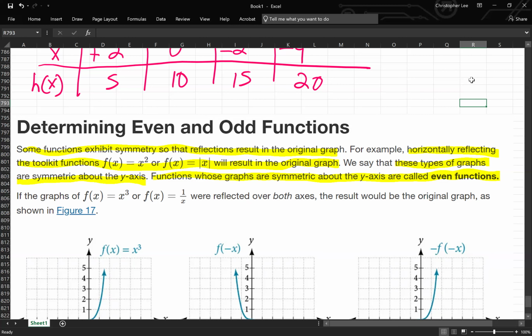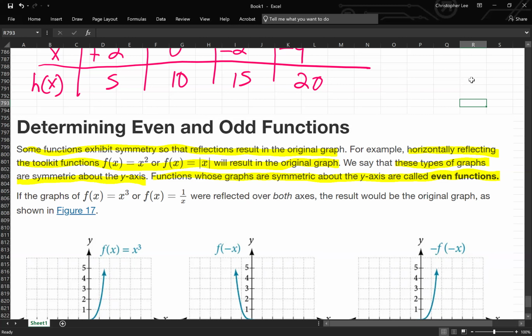So you remember when we had the parabola? If I reflected about the y-axis, it's the same thing. It didn't change nothing, right? Remember the absolute value like a v? If I reflect that about the y-axis, it's the same thing. It didn't change nothing, right?